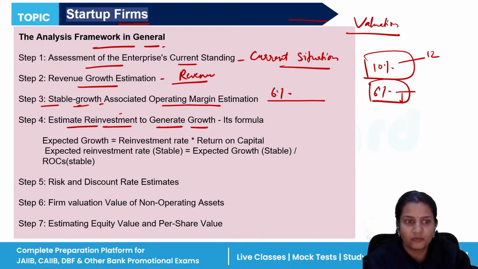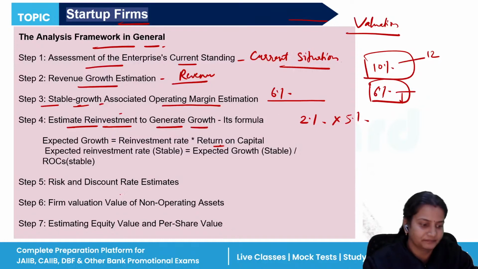So what is its formula? Expected growth is the reinvestment rate times the return on capital. Let's take an example: reinvestment rate is 2%, at the rate of 2% I'm reinvesting. Return on capital, how much return you are getting on capital, let's say 5%. So expected growth is reinvestment rate into return on capital.